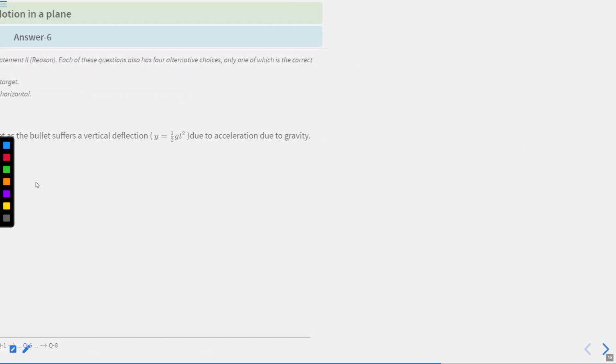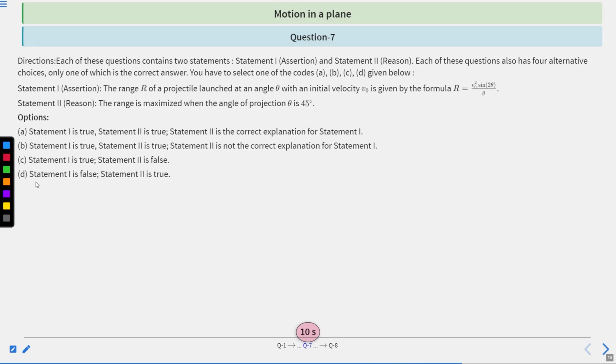Next question. Question 7, same pattern. Statement 1, assertion: the range R of a projectile launched at an angle theta with initial velocity v naught is given by the formula R equals v naught square sine 2 theta divided by g.